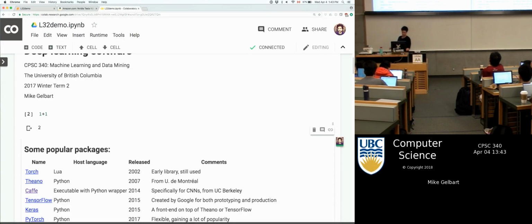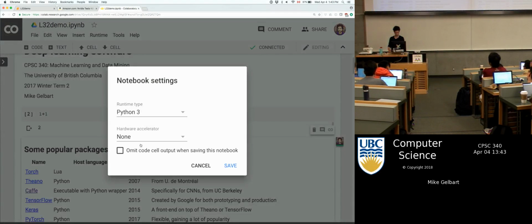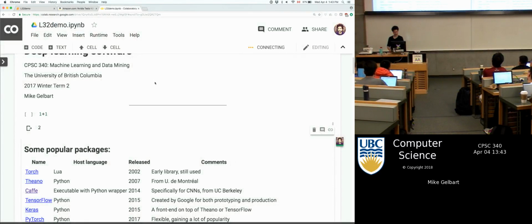And so what I need to do here is change runtime type and pick GPU. And so they have this promotion. I don't know how long it'll last, but anyone, anywhere can get 12 hours free of GPU time doing what I just did. So I used to do this lecture with Amazon, but this was just too good to resist.